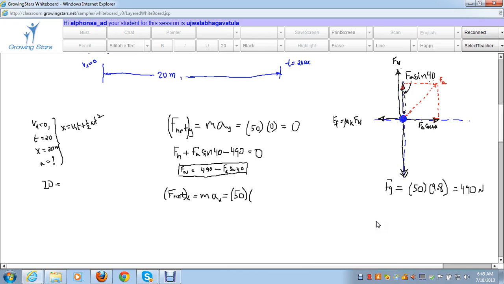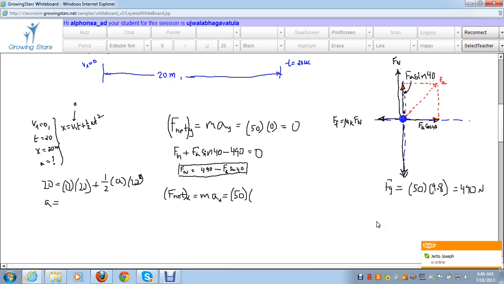Yeah, vi is 0. So just half a t squared would be enough. 20 squared, isn't it? 20 divided by 20 gets cancelled, isn't it?